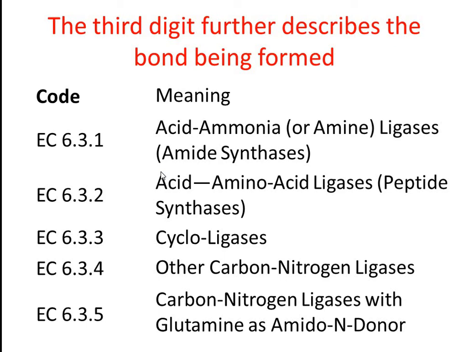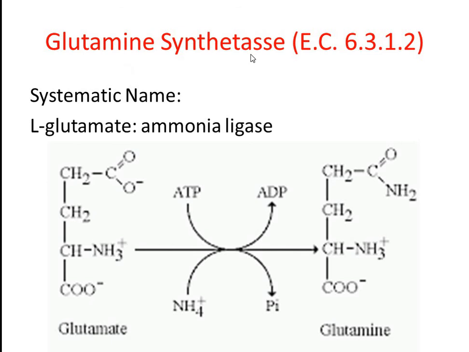The third digit 3 indicates these are the cycloligases. The third digit 4 indicates these are the other carbon-nitrogen ligases. And for carbon-nitrogen ligases with glutamine as an amido N donor, the third digit 5 is written. So the example of this is glutamine synthetase.